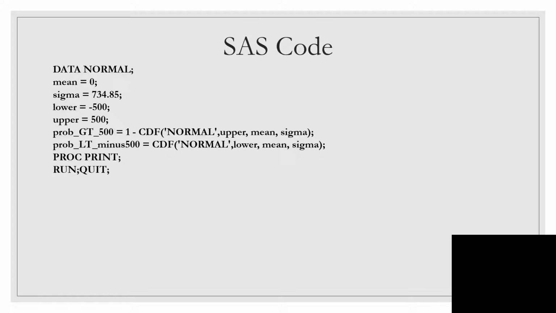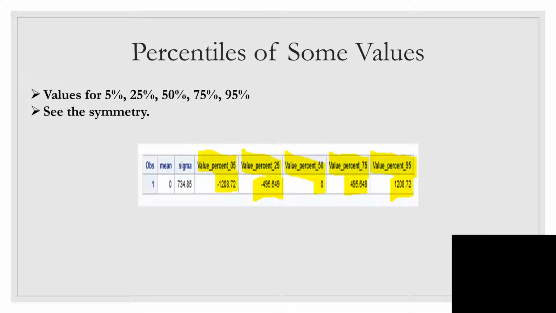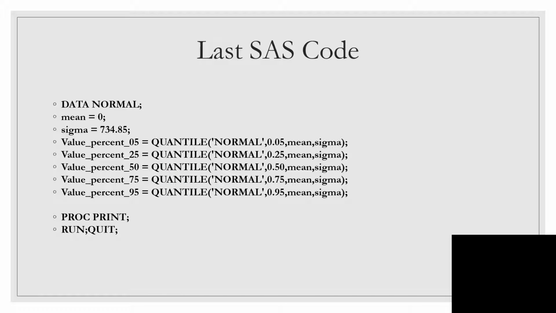Here's the SAS code, which applies to the previous slide. We were also asked to find the values of the random variable for certain percentiles, which I've done here, 5%, 25, 50, 75, 95, and you can see from the SAS output the symmetry. This is the SAS code for the previous slide.